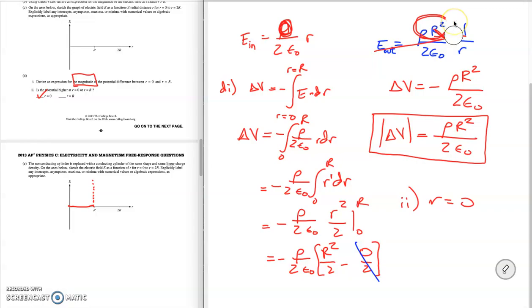It'll be charge divided by length, but that's still constants. And we have our variable is 1 over r. So when we come here to make our graph, it jumps up to a maximum value right at the surface, but then it drops off as E is proportional to 1 over r, and inside E is equal to 0.